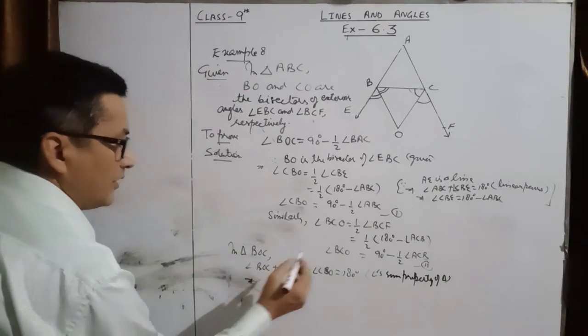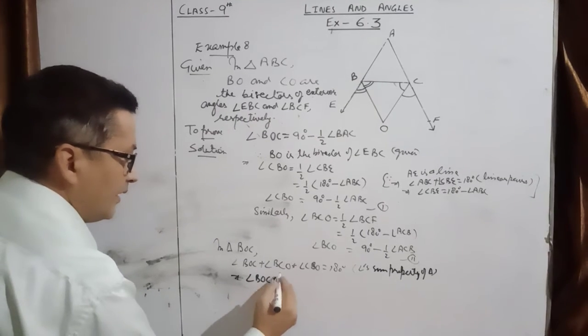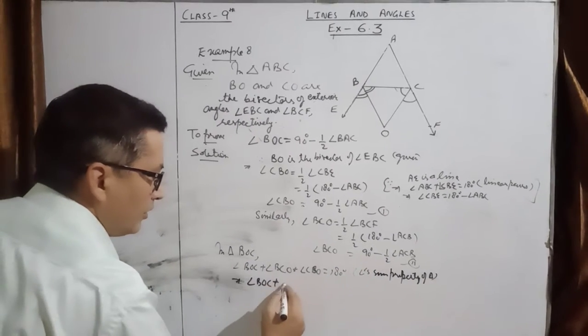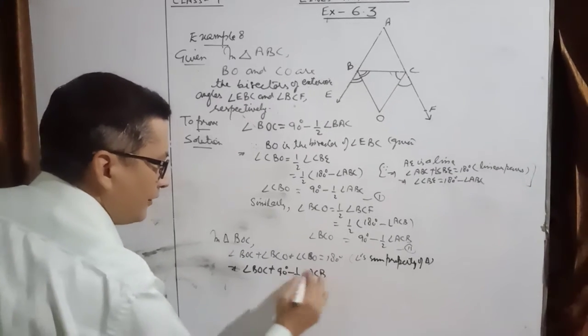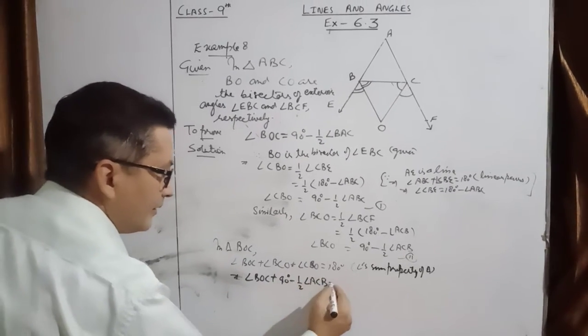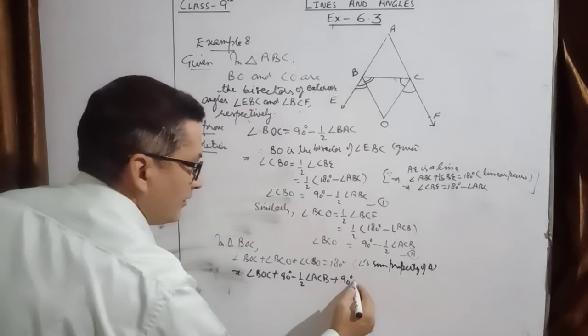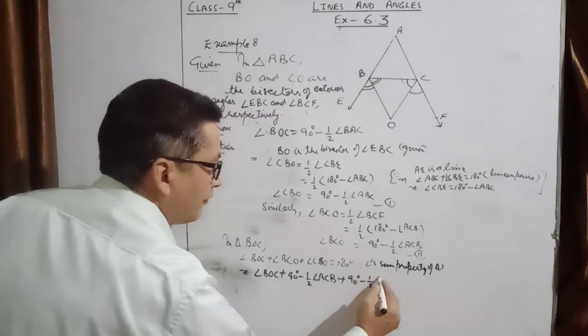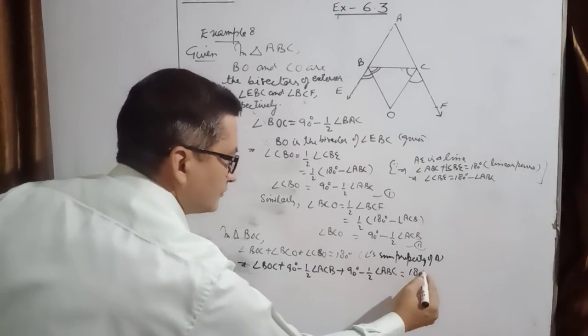Now put the values. BOC किसके इक्वल है? BOC को BOC रहने दीजिए. BCO is equal to 90 minus half of ACB. Similarly, what is CBO? It is 90 minus half of angle ABC is equal to 180.